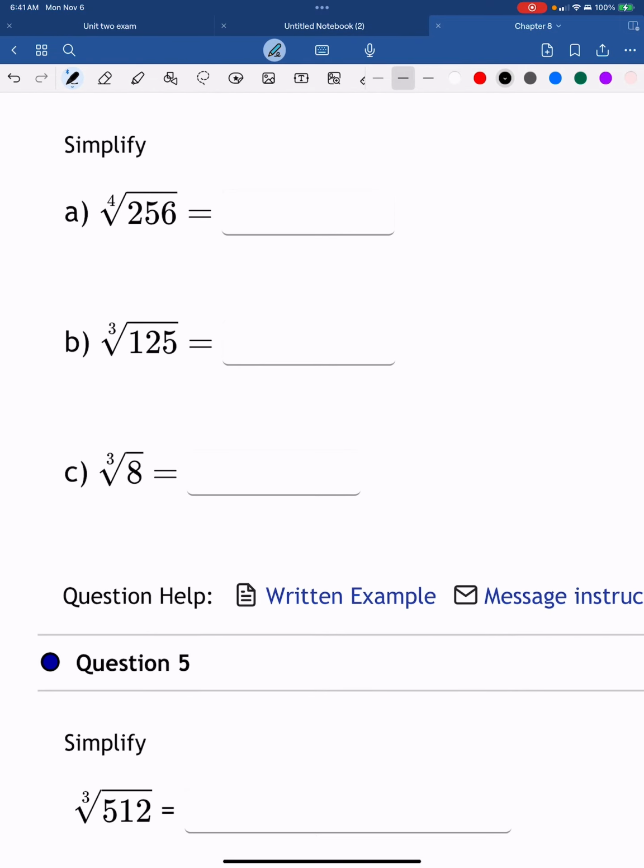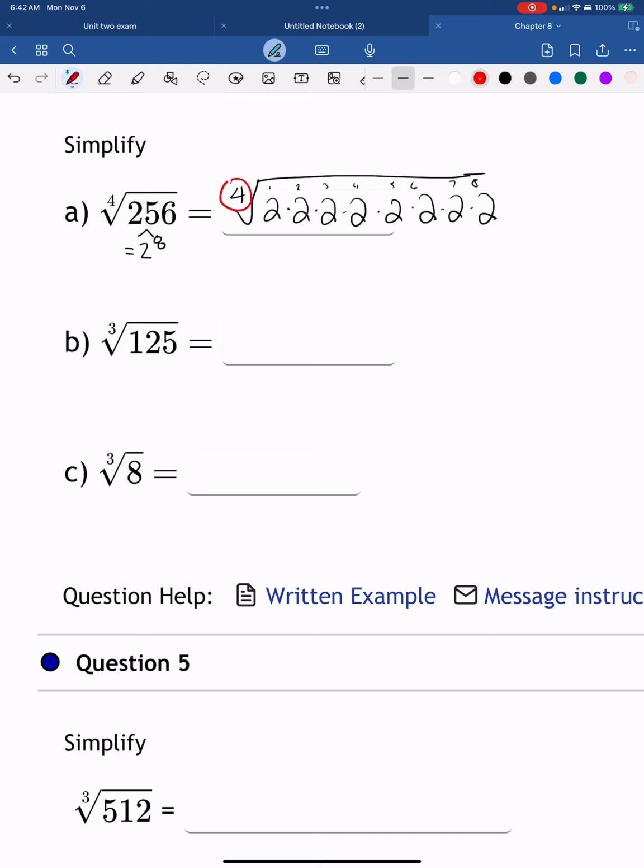The fourth root of 256. 256, I believe, is 2 to the 8th, which means that I'm dealing with the fourth root of 2 times 2 times 2 times 2 times 2 times 2 times 2 times 2. 1, 2, 3, 4, 5, 6, 7, 8.